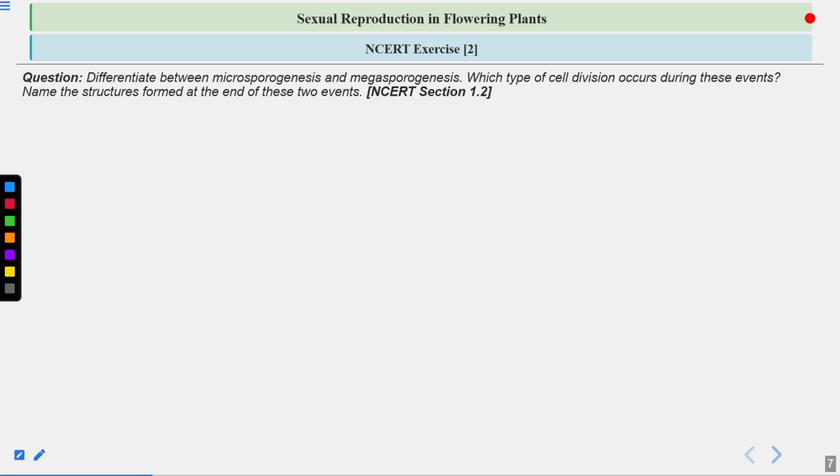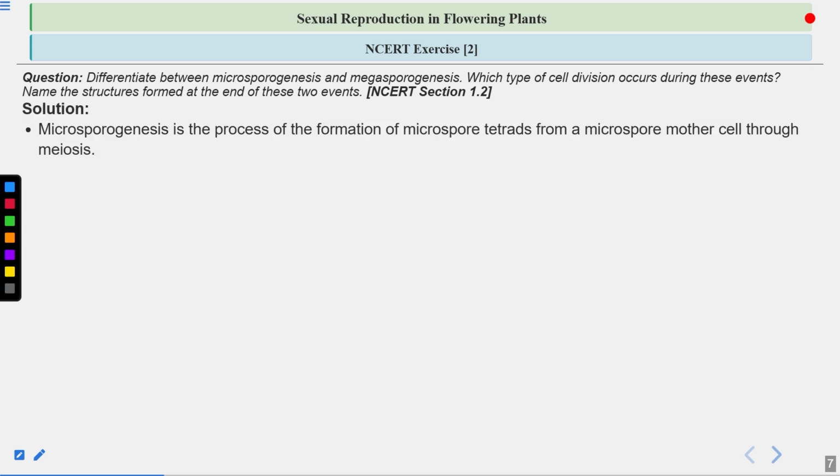So let us see the answer. The question is: differentiate between microsporogenesis and megasporogenesis. There are three different questions here, so let us see the first answer. Microsporogenesis is the process of formation of microspore tetrad from the microspore mother cell through meiosis, right?